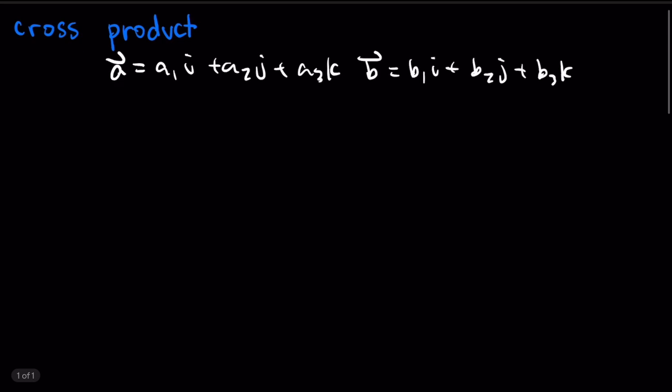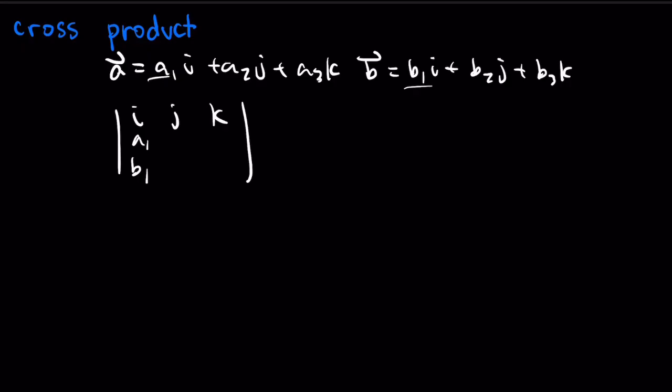And now to find the cross product, we need to take these vector A and vector B and form a 3 by 3 matrix. The way we're going to do that, we're going to first put in i, j, and k, and then put in their corresponding values. So for i, it's a1 and b1. For j, it's a2 and b2. And for k, it's a3 and b3.